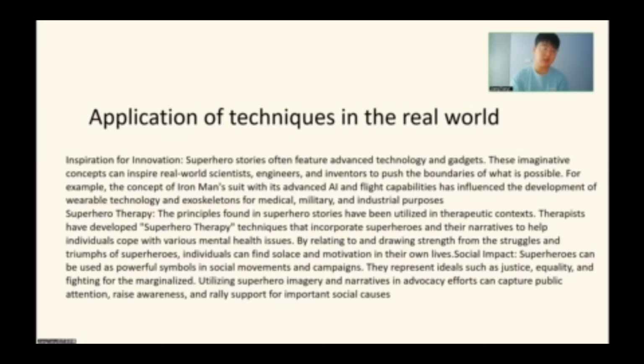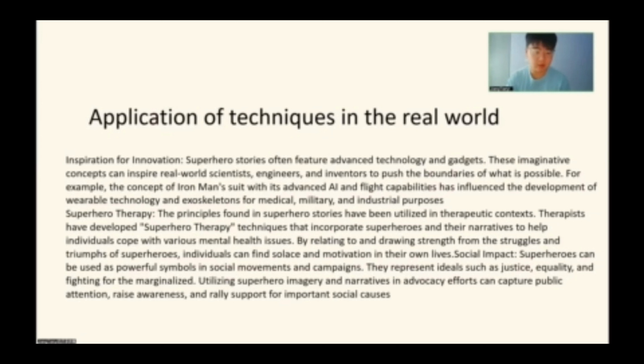And the second one is superhero therapy. The principles found in superhero stories have been utilized in the therapeutic context.